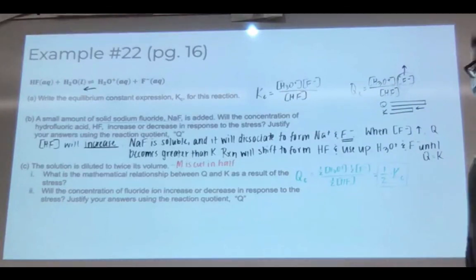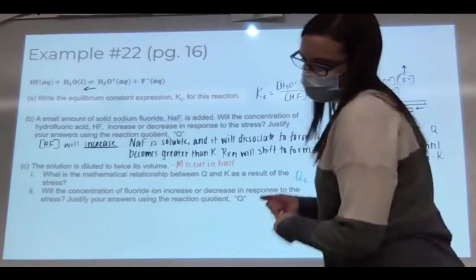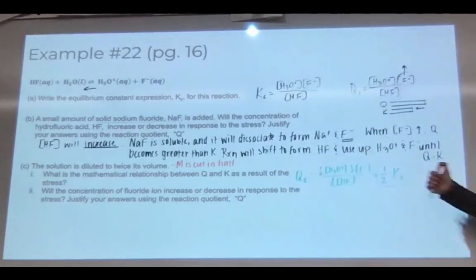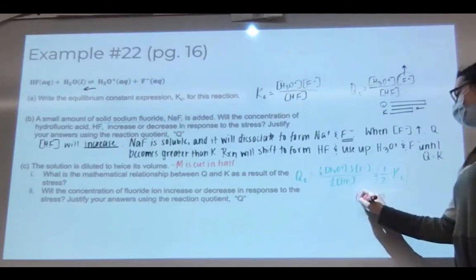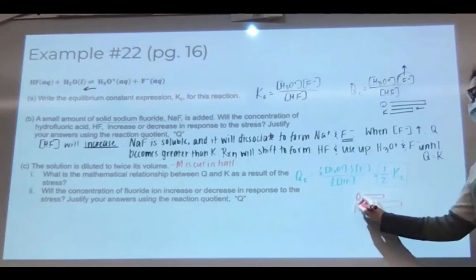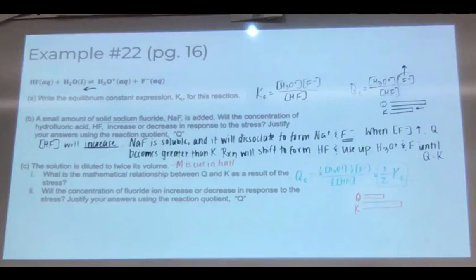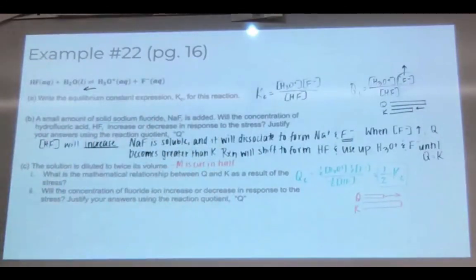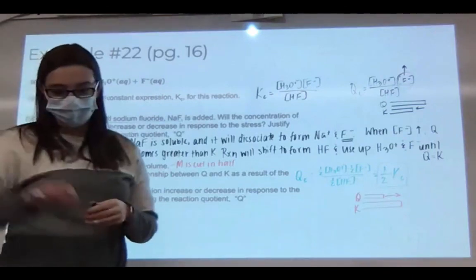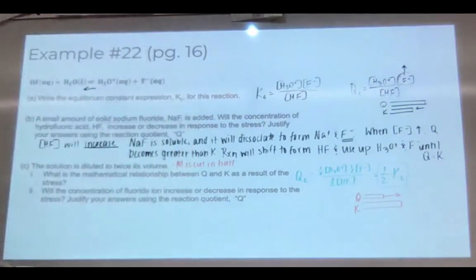Justify your answer using Q. Okay, so right here we said Q is half of K. So Q is half of K. Q is less than K. So since Q is half of K, Q is less than K, the reaction has to shift in a way to get Q back equal to K. The point of equilibrium is that our mixtures, our reactions are shifting in a way that will get it back to equilibrium.